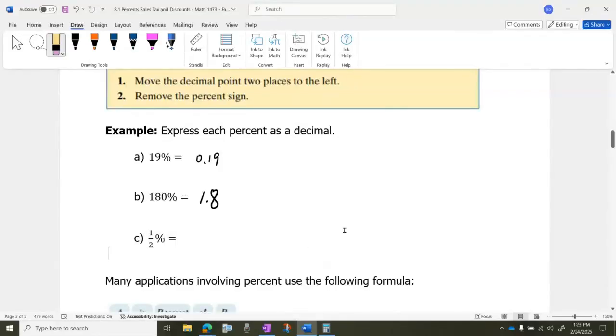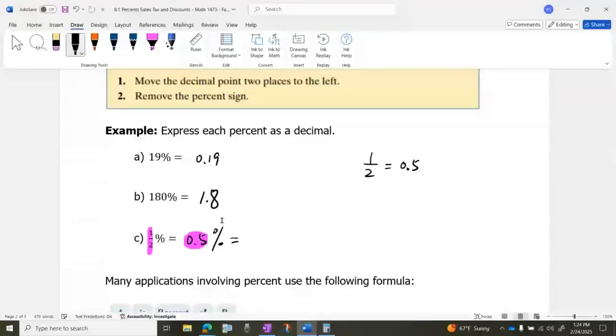Okay, so firstly, it's not very convenient with the fraction in front of percent, right? So you want to rewrite 1/2 as 0.5. I just rewrite 1/2 as 0.5. The percent sign is still here. And then I'm going to remove the percent sign.